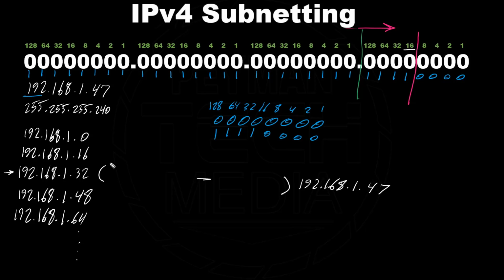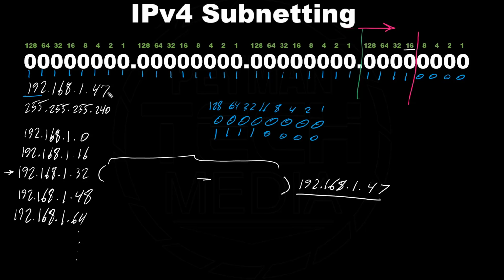And any IP address here in this range, these are the available IP addresses. Therefore, this address 1.47 here is the broadcast address. This 192.168.1.47 is the broadcast address for the 192.168.1.32 subnet address.